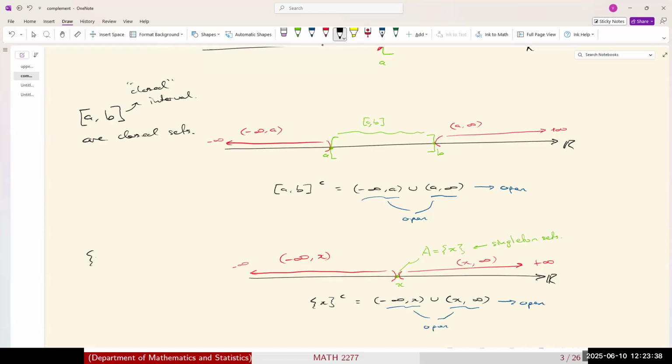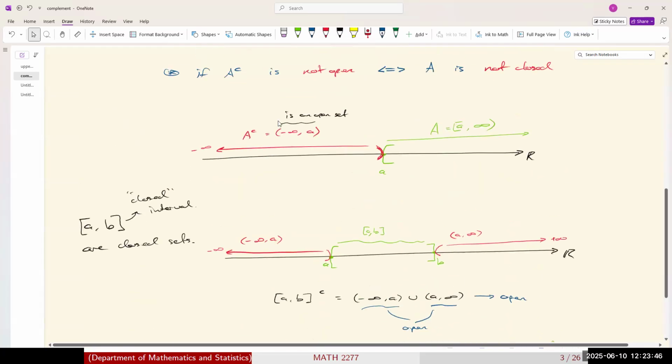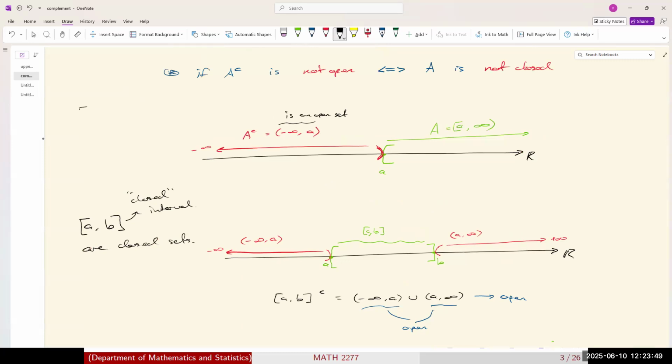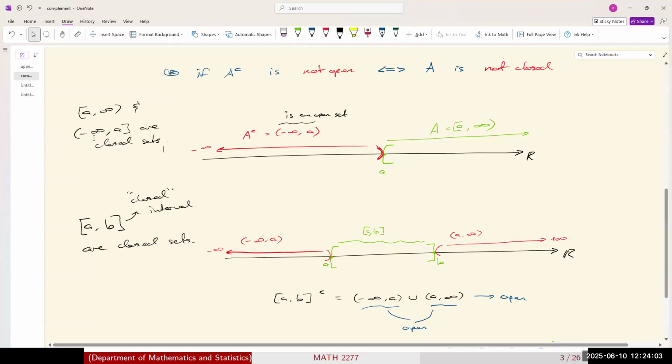And I'll put here: singleton sets are closed sets. The half-open intervals, A to infinity and minus infinity to A, are closed sets. Okay, so these are examples of closed sets.